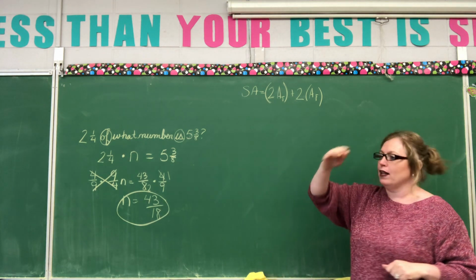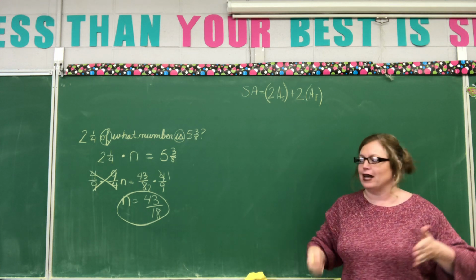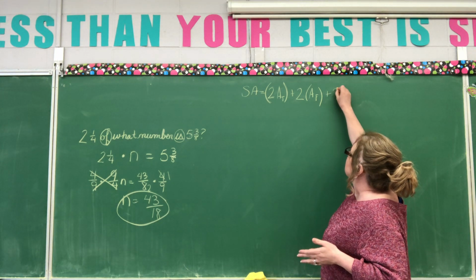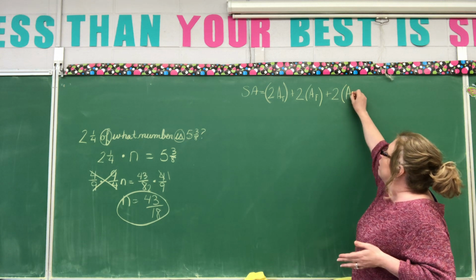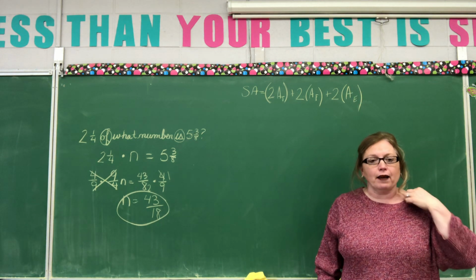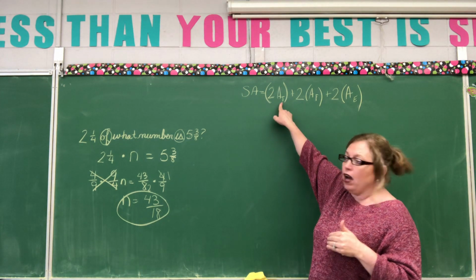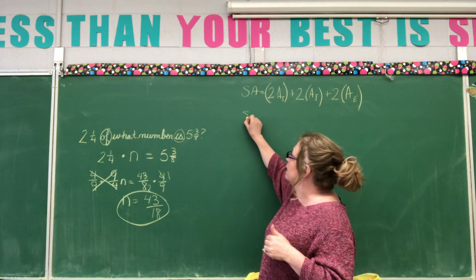Okay? So now we've got the top and the bottom, the front and the back. Now we have to do the two ends. So we're going to say plus 2 times the area of the ends. Now let's think. If this is a rectangle, what shape is the top? Well, it's a rectangle.